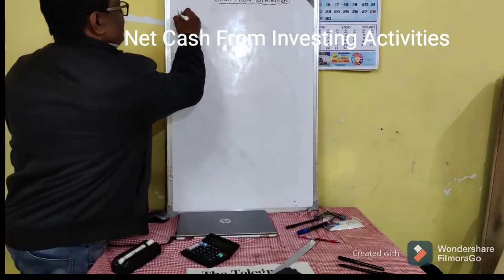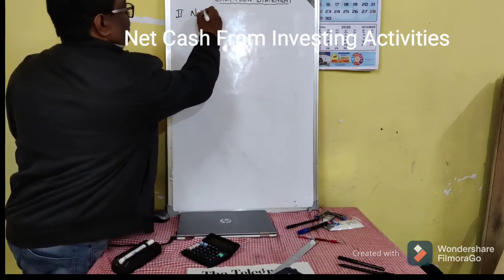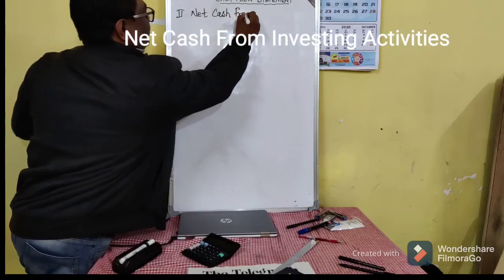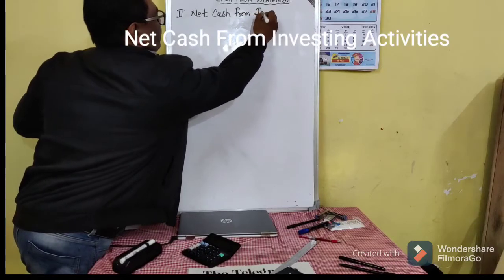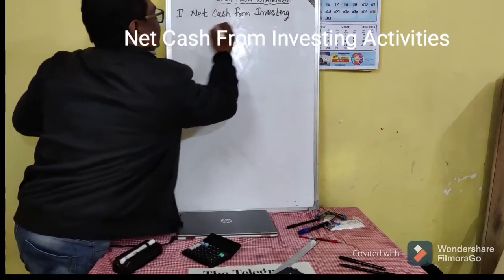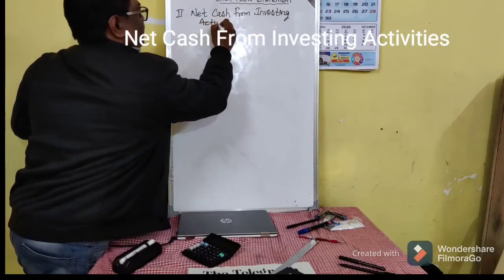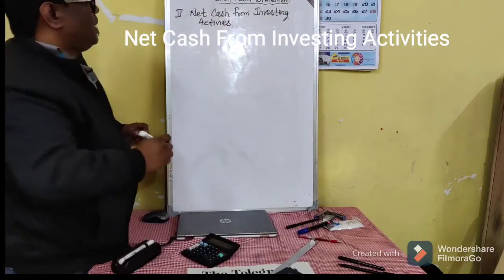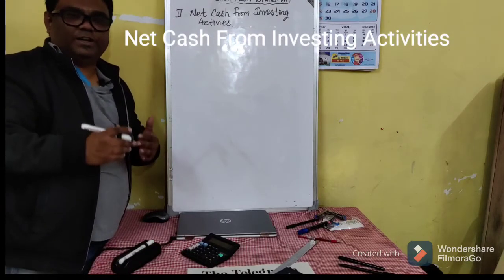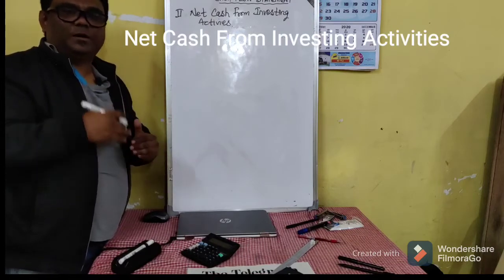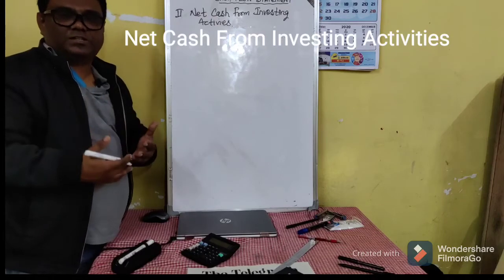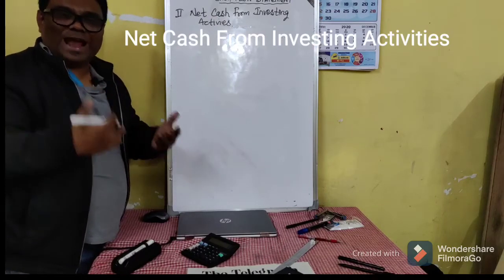The second part, calculation of net cash from investing activity. This is the second part, net cash from investing activity. So this is very easy. As I already said, investing activities are involved in the purchase and sale of long-term assets, fixed assets, and investment, sale of investment, purchase of investment, and interest on investment received.